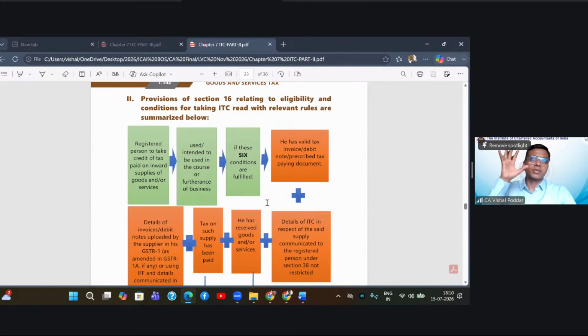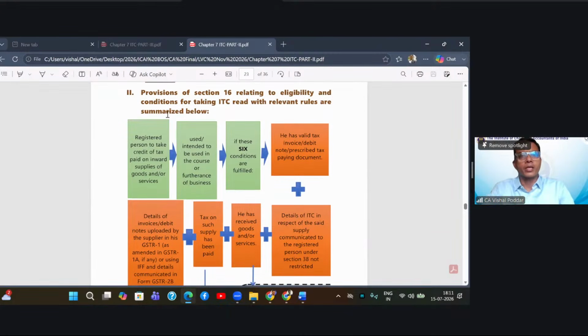So the first step is getting the ITC, that is, eligibility of ITC, and then the next step will be utilization. So for eligibility, firstly, there are two eligibility conditions. Both these conditions have to be satisfied. Then you go to the other six conditions. So two are eligibility and the remaining six are the substantive conditions.